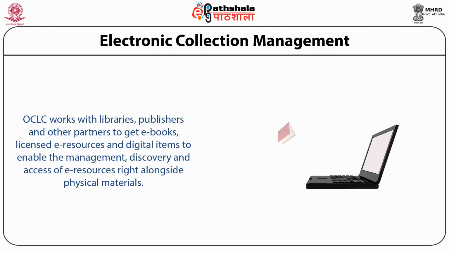OCLC being a cooperative venture of libraries as well as the library industry, all are stakeholders in OCLC, so they easily agree to the various programs and policies developed by OCLC. OCLC has excellent electronic collection management services. Starting from acquisition to dissemination, it has all kinds of services.